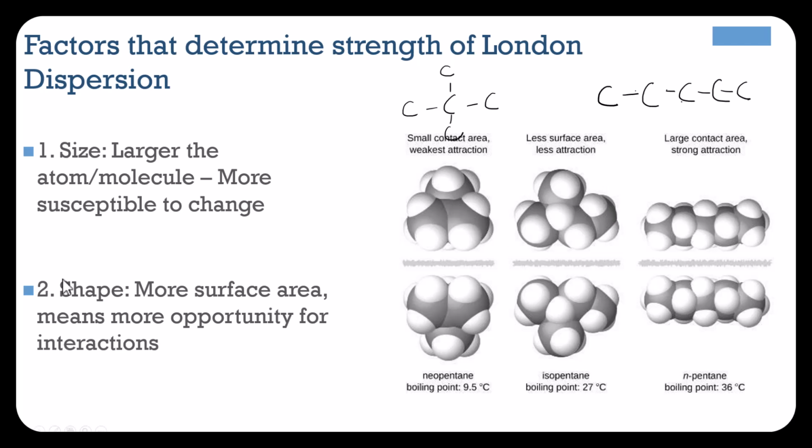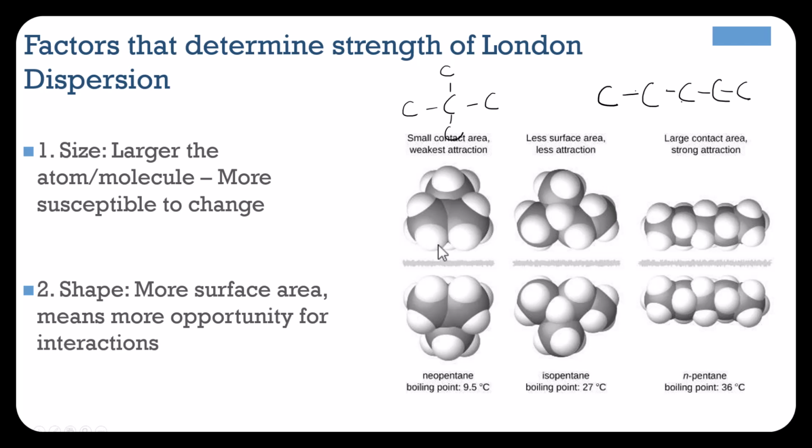So when we talk about this shape and how it determines the strength of London dispersion, for the N-pentane we have all of this surface area where these London dispersion moments can take place, right? Any of these positions on the molecule can have one of those fleeting, momentary separations of charge. Over here on the neopentane, it's a much smaller surface area.